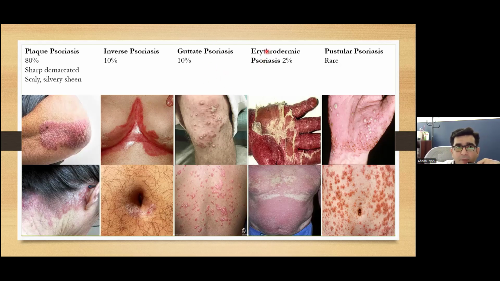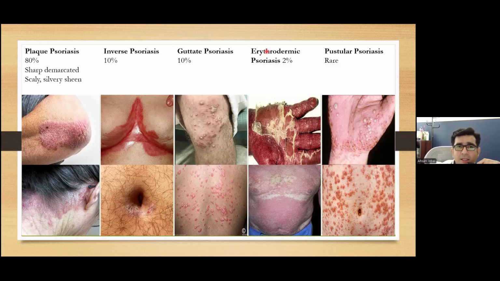Then there's erythrodermic psoriasis, which mostly looks like sunburn or like a burn lesion. And this is a pretty severe kind of psoriasis, and we have to be on the lookout for dehydration in these patients and heart failure, because these patients are basically going into high output heart failure when presenting like this.